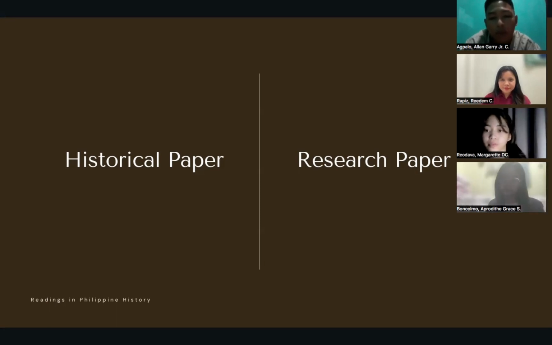And sa historical paper naman, dito naman yung pinagsasama-sama natin yung mga past events like for example, yung sa naging first lesson natin, saan nga ba unang nagkaroon ng first mass na napagtatagpi-tagpi ng writer yon and nakagawa siya ng conclusion. So, pa-next.